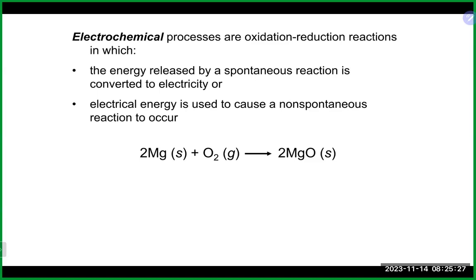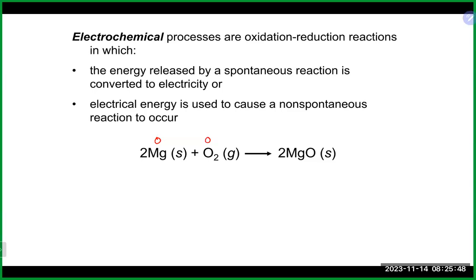Typically, anything in a standard state that is uncombined will have an oxidation state of 0. An oxidation state is a little different from the charge we associate with things in ionic compounds, and we'll talk more about that in a second. In this case, magnesium and oxygen have no charge.